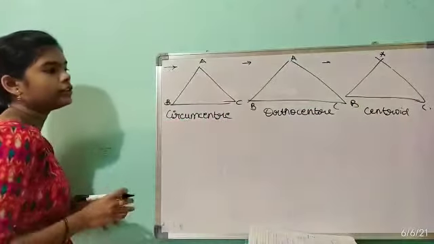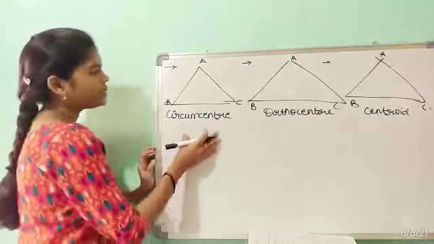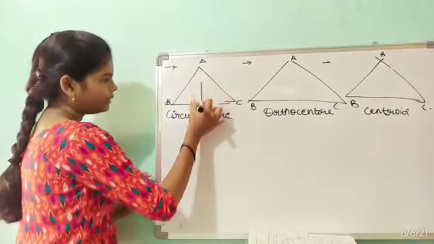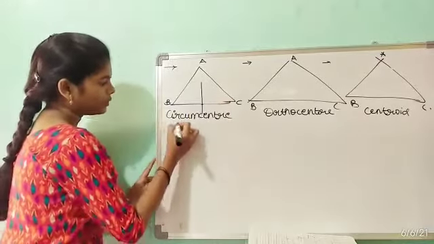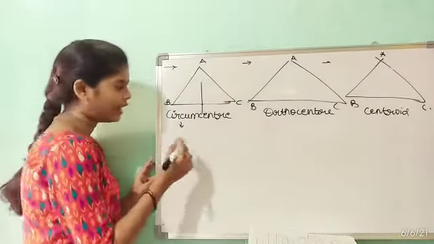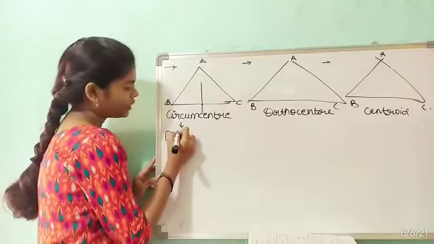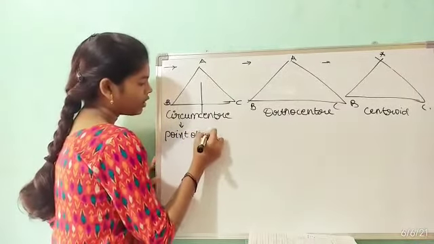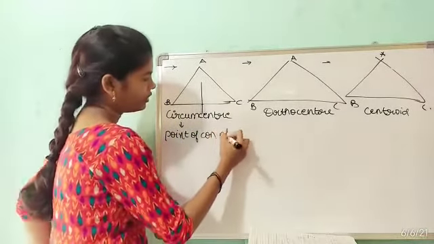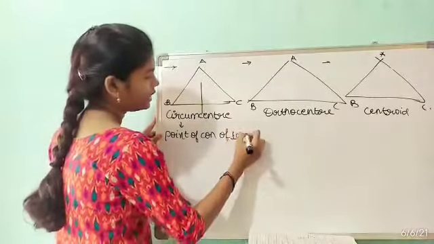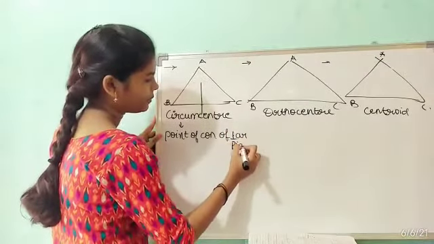So these are the centers of the triangles. The circumcenter is related to the perpendicular bisectors. To define it simply, it is the point of concurrence of perpendicular bisectors.